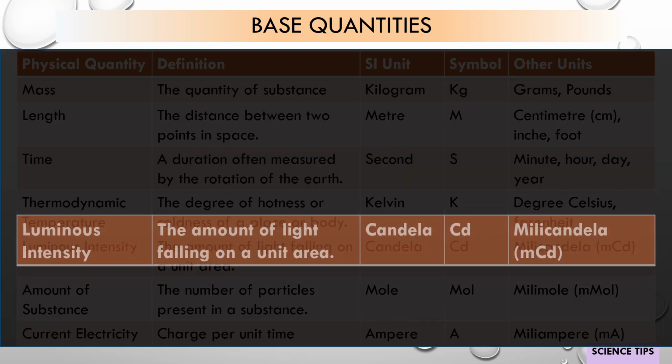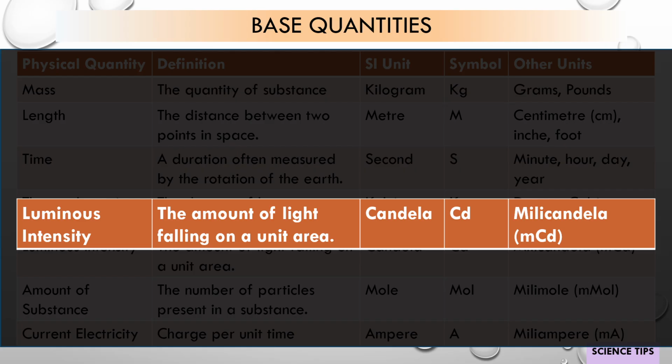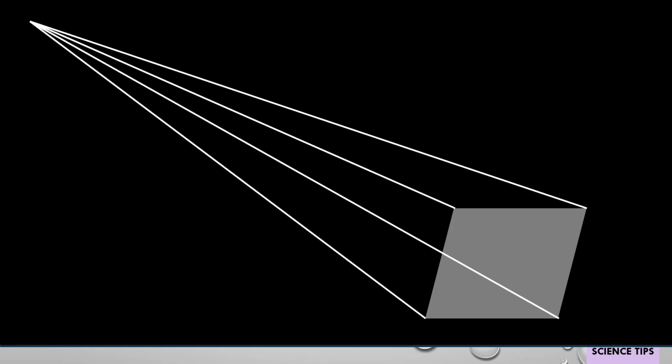If we focus on luminous intensity, which we say is the amount of light falling on a unit area, we assume we have a point source of light, and the light is falling on a screen, and if we move the screen closer to the light, we realize that the area covered or illuminated becomes smaller but brighter.